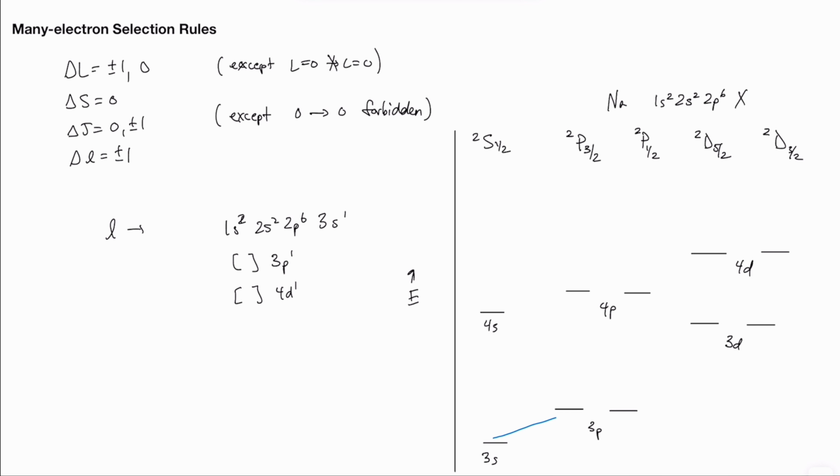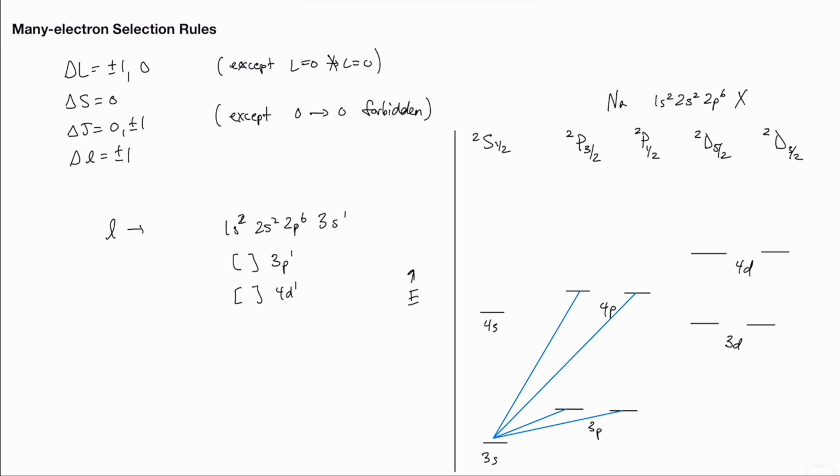Okay, so we start, and I'm going to draw what's allowed and comment as I'm doing it. So the 3s can go to either of the 3p or the 4p states. There's really no restriction there, right? Because the 3s has the s 1/2, and both of the p's are allowed based on delta j, and delta L is equal to 1, so both are allowed.